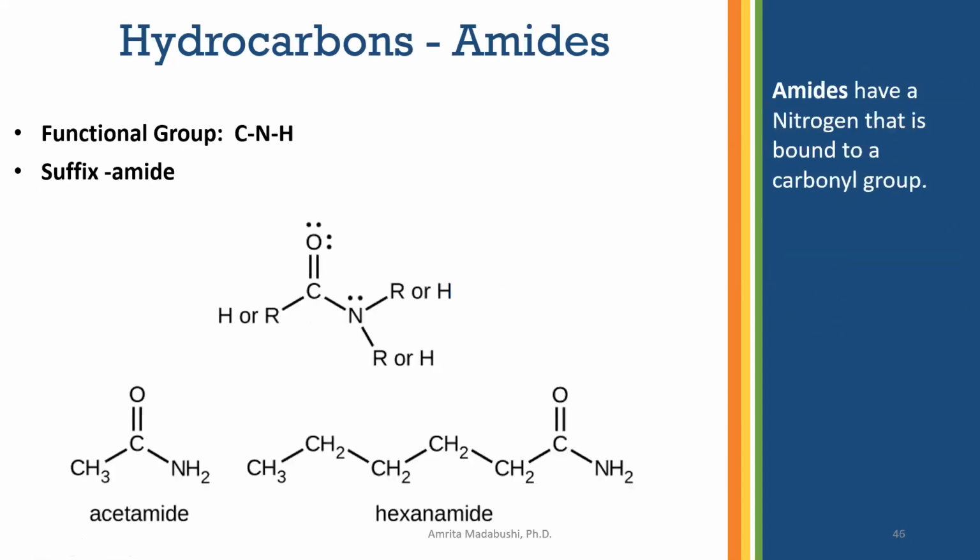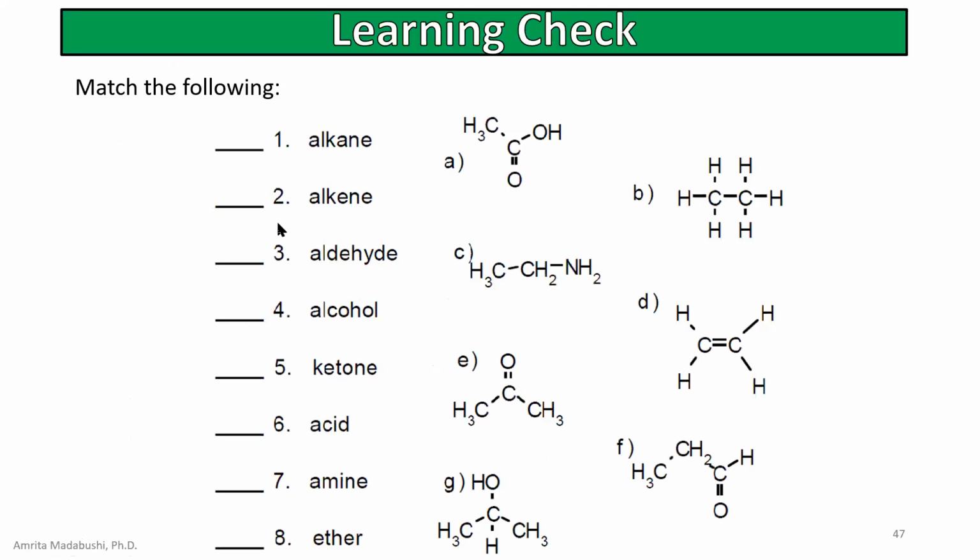Things like that will help you. Also do all of these exercises, just naming them. I know these were just out there, but they are all very easy to name. For example, this would be a propanol, and this would be ethanamine, and so on and so forth. Just having that practice, you can get lots of additional practice.